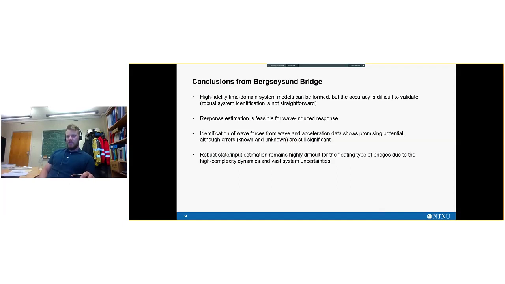However, the identification of the wave forces is still a very difficult task, although we have some promising potential in the current results.